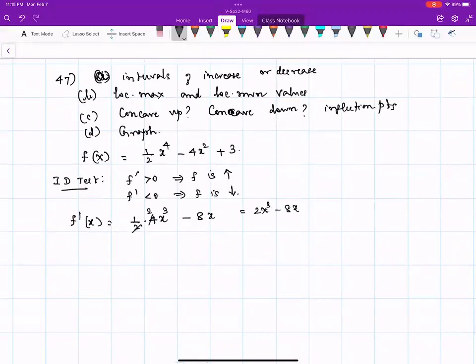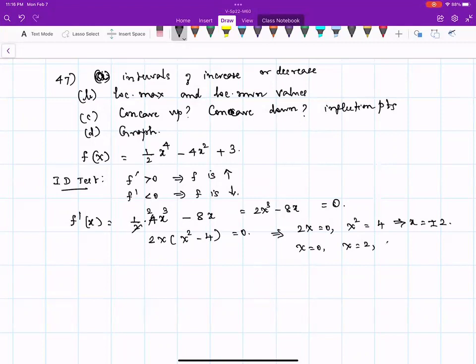Setting that to 0, you get 2x times (x squared minus 4) equal to 0, which means 2x equal to 0 and x squared equal to 4, so x equal to plus or minus 2. So x equal to 0, 2, and negative 2 are the critical numbers.